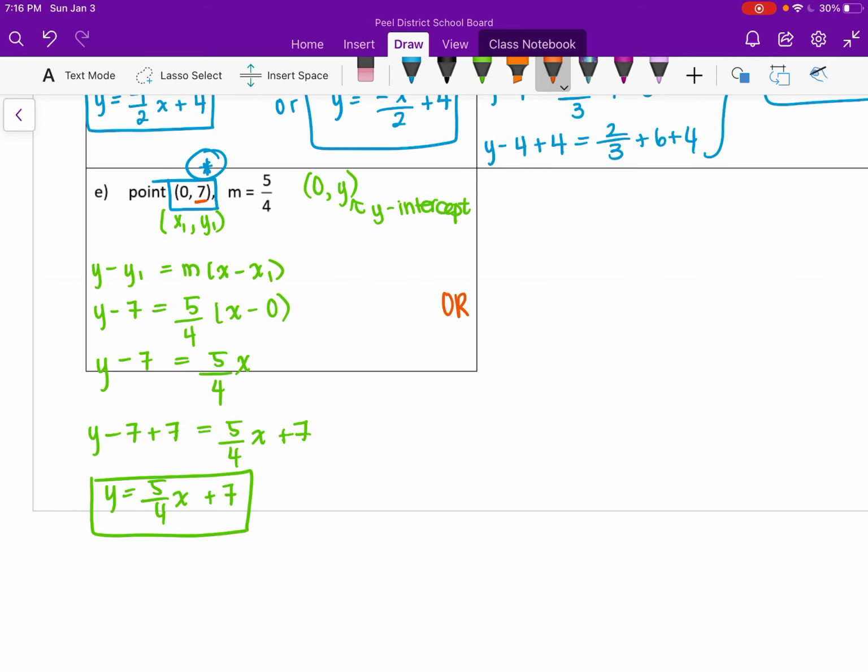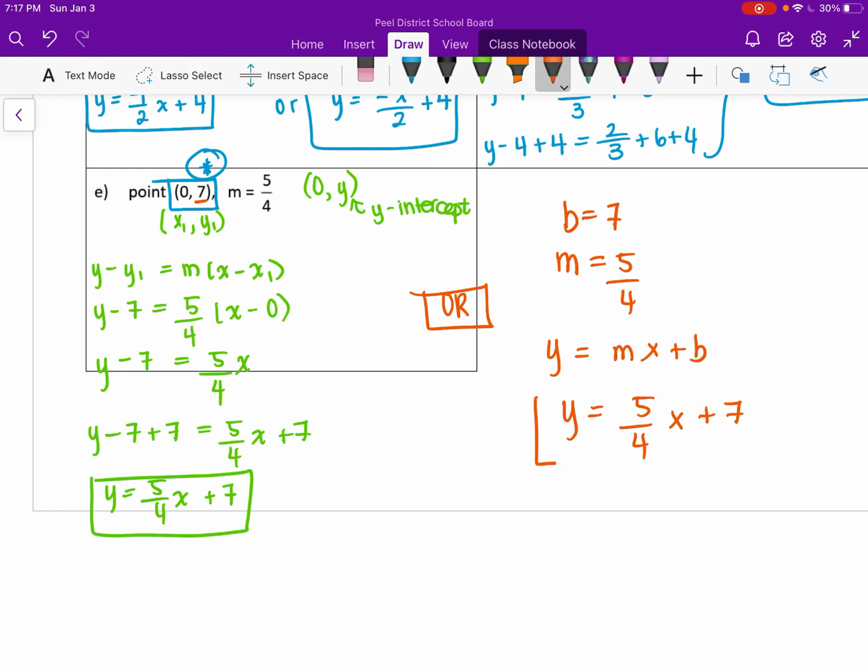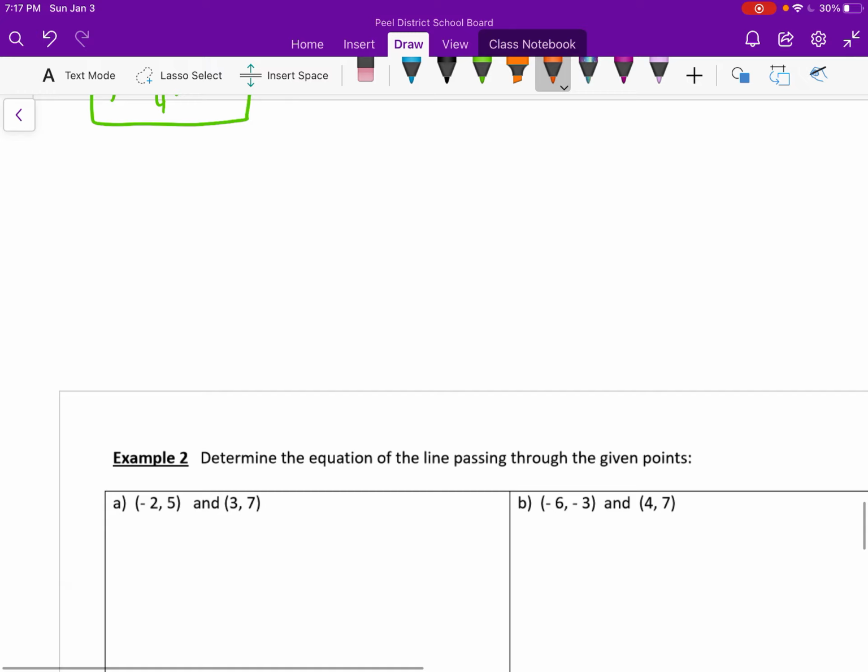Or, I'm just going to put this in, or: you knew that b was equal to 7, you knew that m was equal to 5 over 4, you knew that y was equal to mx plus b. So you could have said y equals 5 over 4x plus 7, and that would have been a completely acceptable answer as well, instead of having to do everything else. Okay? All right.